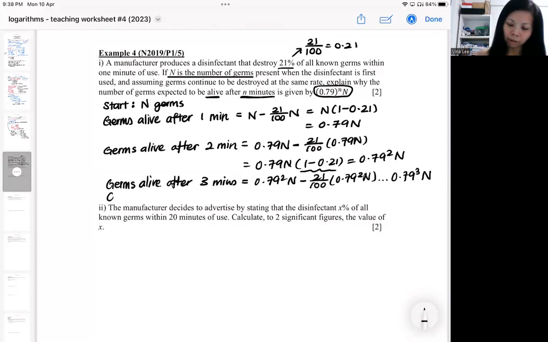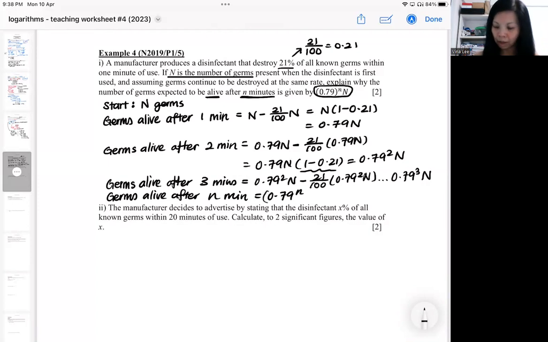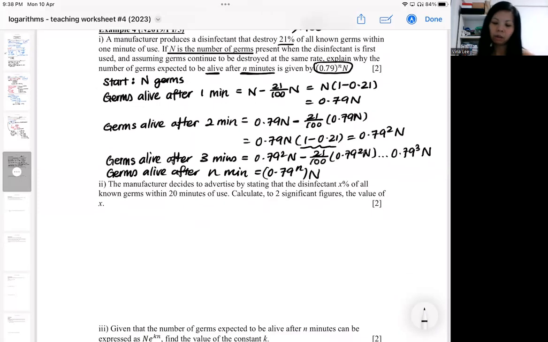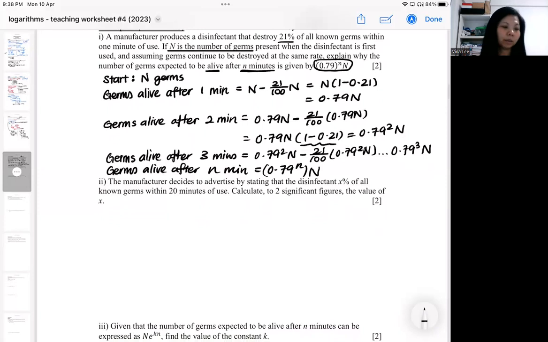That's why the number of germs alive after n minutes is 0.79 power n times n. That is the formula for the amount of germs alive after n minutes. How do you come up with it? You do some numerical calculation after each minute, and you can see the pattern. So that's the explanation.